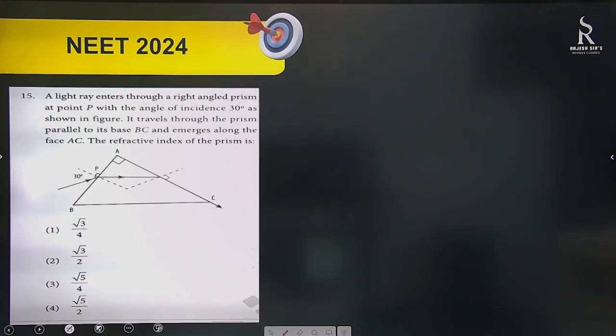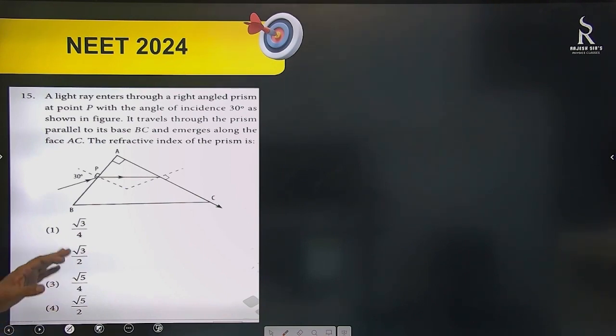Alright. A light ray enters through a right angle prism at point P with the angle of incidence 30 degrees as shown. It travels through the prism parallel to its base BC and emerges along the face AC. Find the refractive index of the prism.